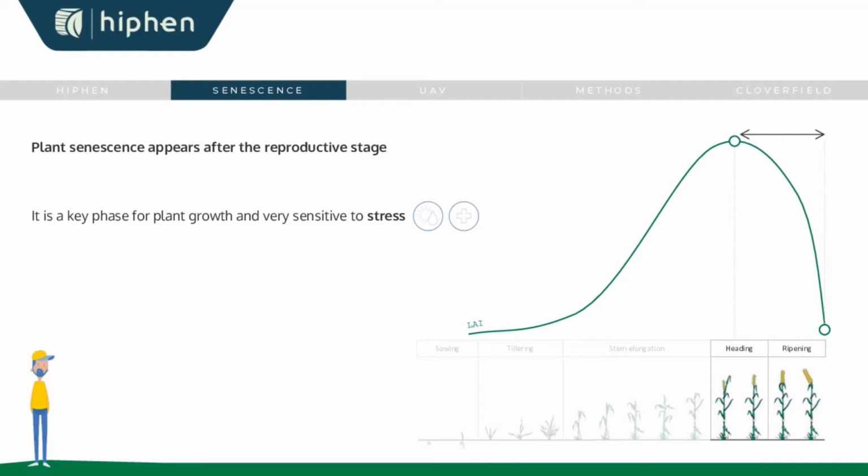This phase is extremely important because it's prone to any kind of stress, both biotic and abiotic, so diseases and drought or other types of stresses. Those stresses will accelerate senescence, and the grain filling will not happen well. So your yield potential is already defined before, and we're not focusing on that. But achieving this yield potential is all the topic of senescence, and that's why we want to try to follow it.